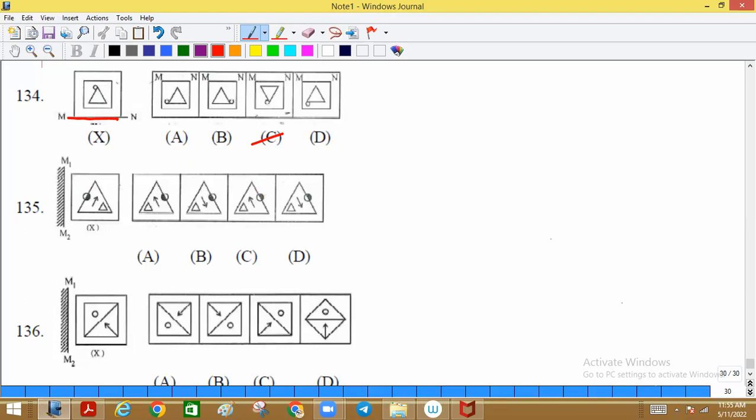A. Why you are thinking, I don't know. This is a mirror. Triangle near. This is looking towards the mirror. This is also looking towards the mirror. This is inside the mirror and this is inside the mirror. So what is the answer? A.